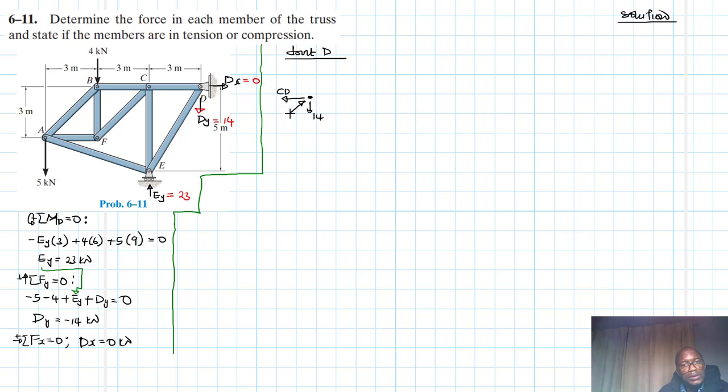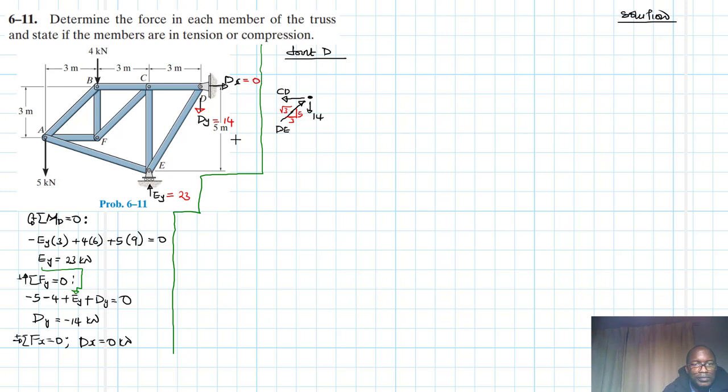This is CD, and then this one is DE. Then the slope for DA: we have the run of 3 down, then a rise of 5, so we have root of 34.